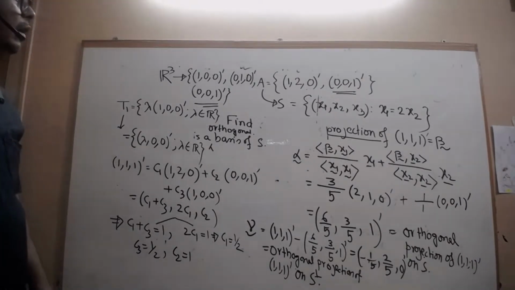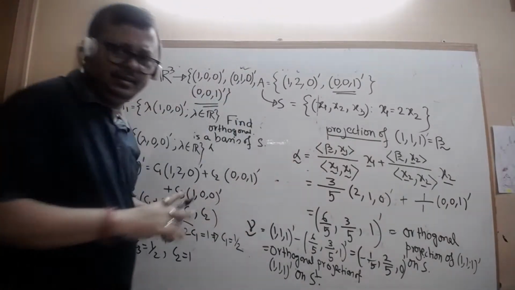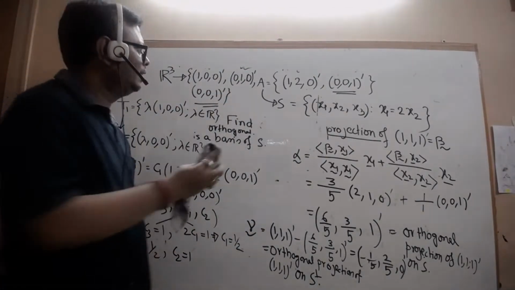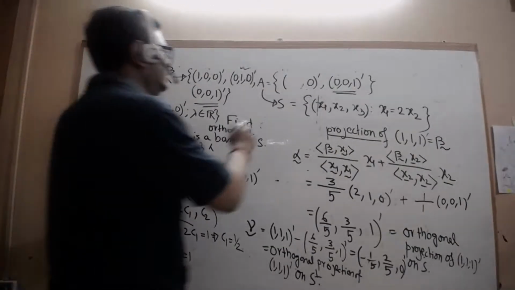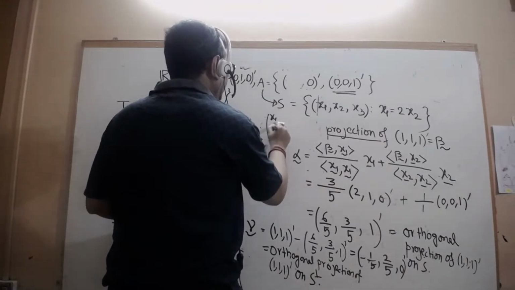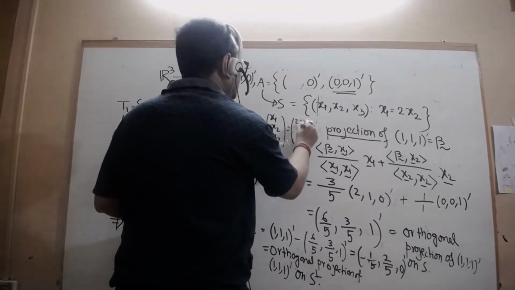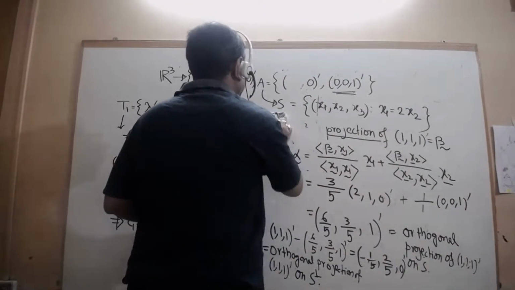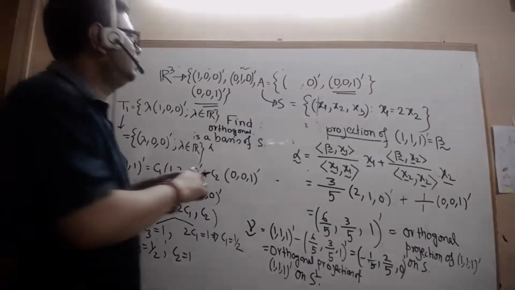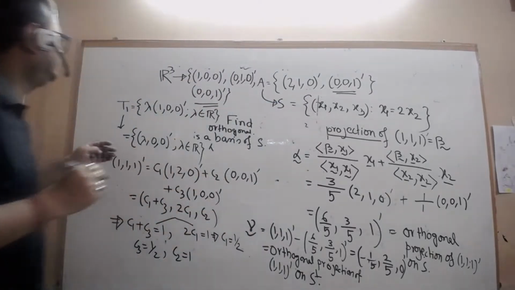Only 1, I think. Oh yes, you're right. Sorry. Thank you. You write only 1. If you write x1, x2, x3, then x1 is 2x2. Yes, you're right. Thank you. So 2 1 0.